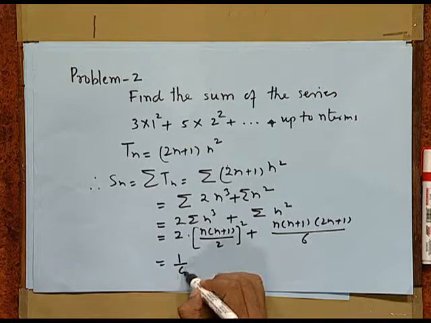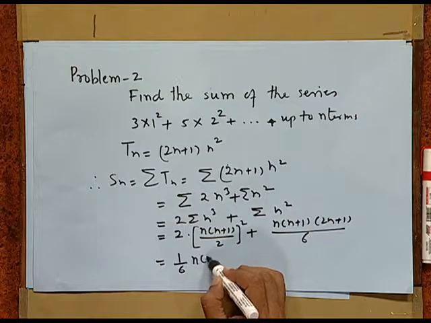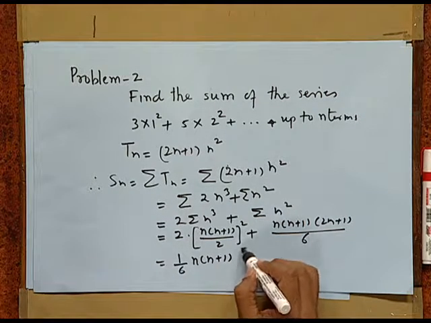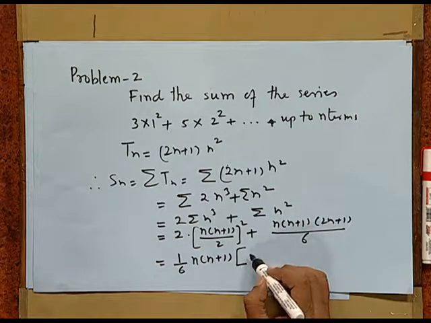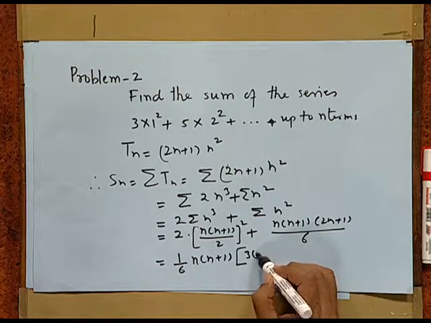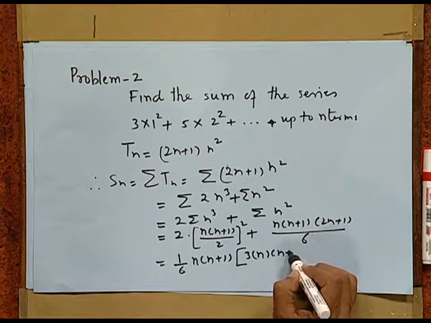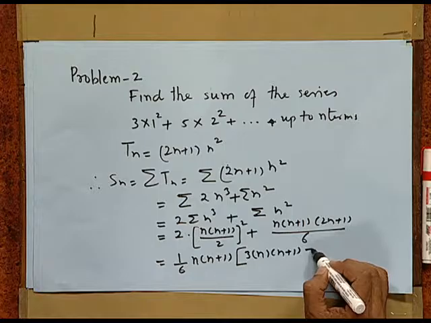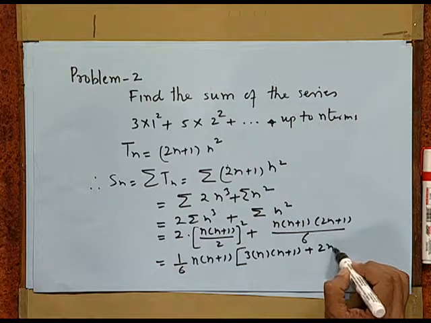This equals 1 by 6 times n times n plus 1 times 3 times n times n plus 1 plus 2n plus 1.